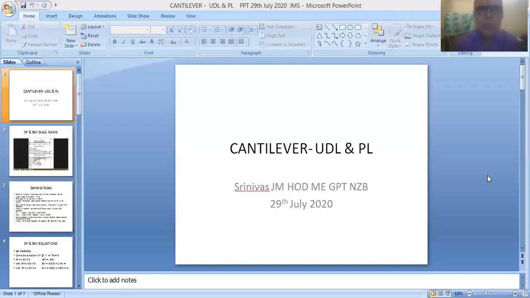Now in this session we are going to discuss a problem on a cantilever upon which point loads and uniformly distributed load are acting. Therefore, this topic is named cantilever with UDL and point loads.